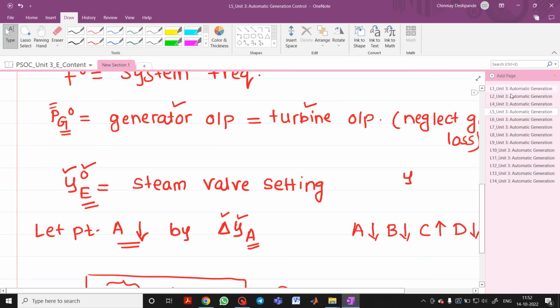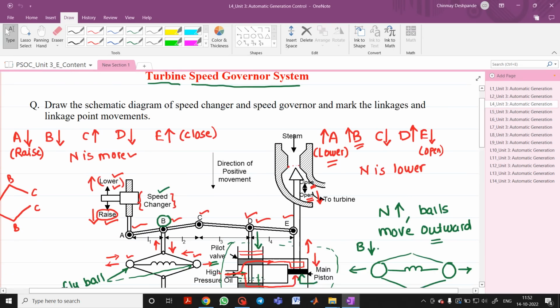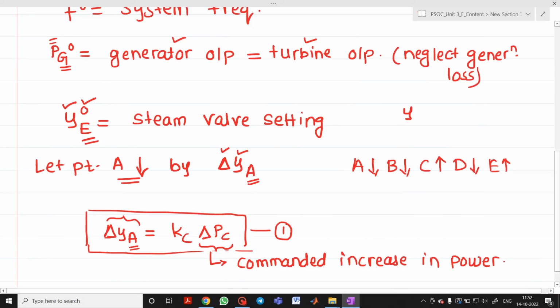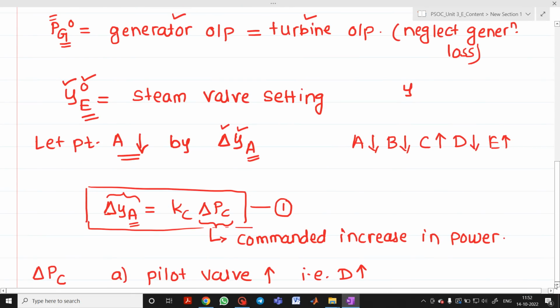This was the relation we took in the previous session. So when the speed rises, E will close, and when the speed is lower, which is denoted by the upward arrow, E will move in the downward position, meaning it will open.